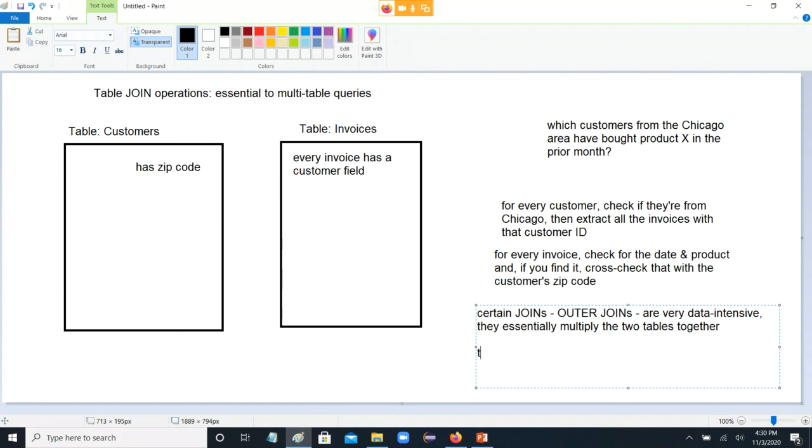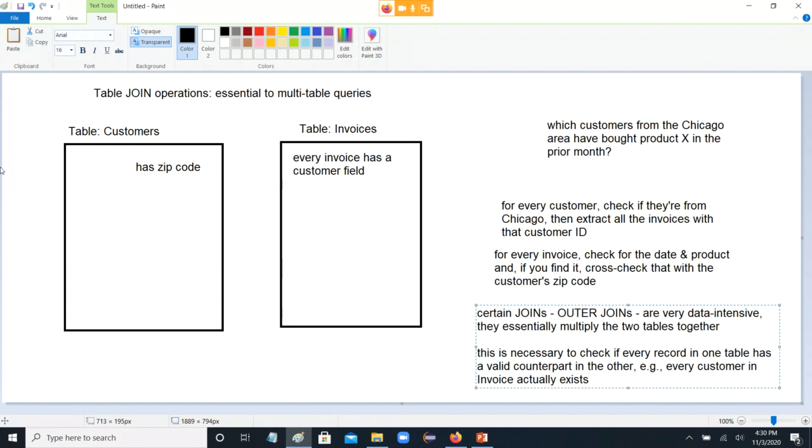This is necessary to check if every record in one table has a valid counterpart in the other. So in this example, e.g., every customer in invoice actually exists.